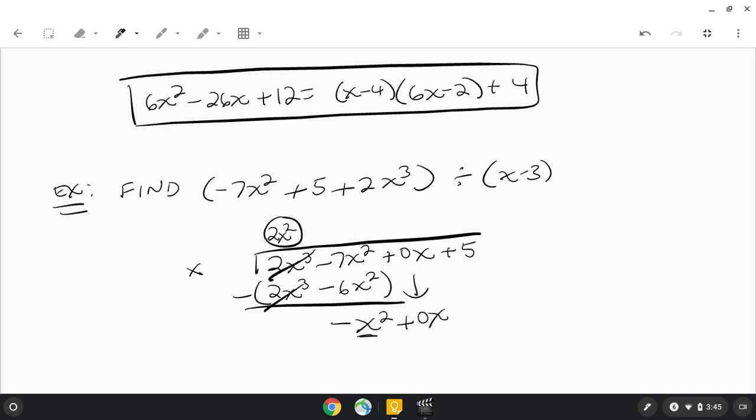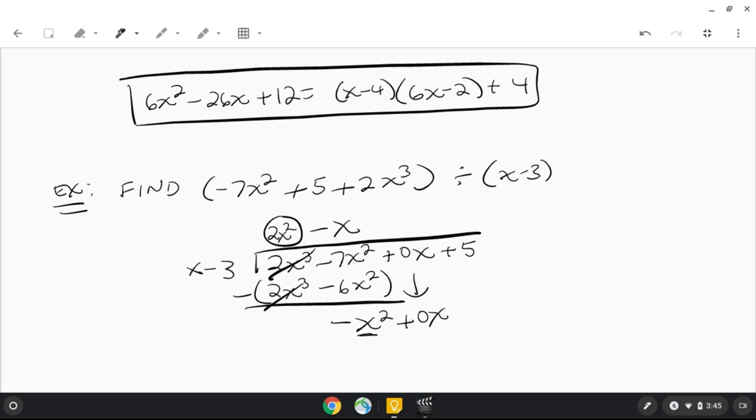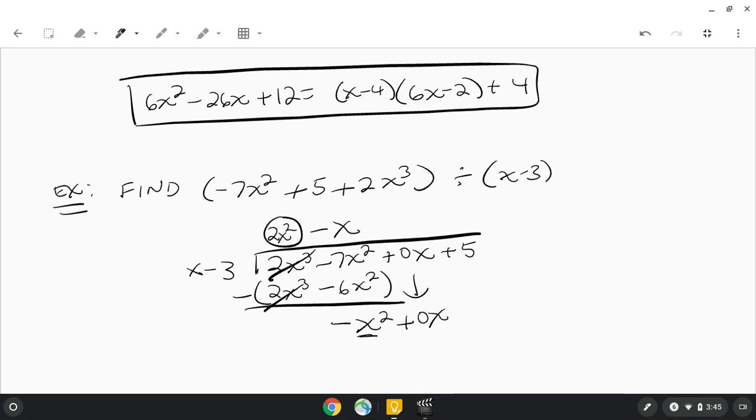So x times negative x. Let's bring back that minus 3 and distribute negative x to x minus 3. Negative x times x is negative x squared. Negative x times negative 3 is positive 3x.